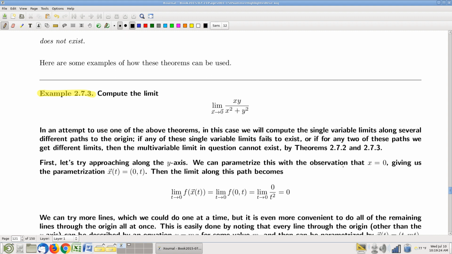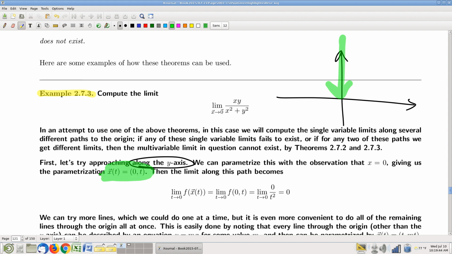We're going to consider first, let's see here, along the y-axis. Let's look along the y-axis. Here's our xy plane. If I want to go along the y-axis like that, I can approach along the y-axis with that parameterization.